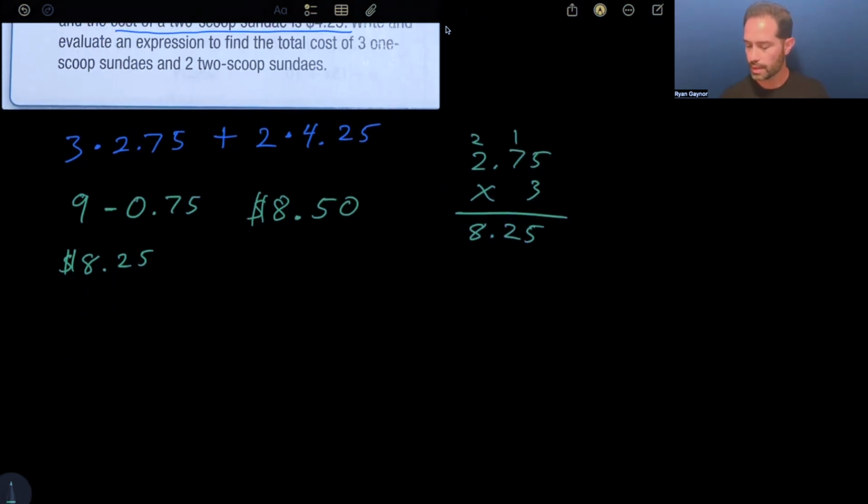And then we have the 4.25 times 2. 2 times 5, that's your 10. Carry the 1. 2 times 2 is 4. Plus 1 is 5. And then 2 times 4 is 8. There's your $8.50.